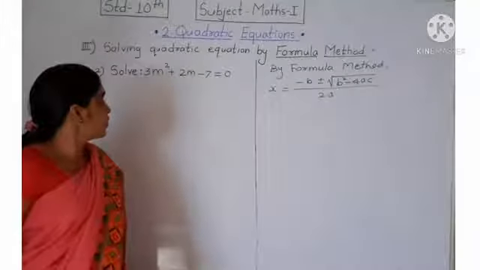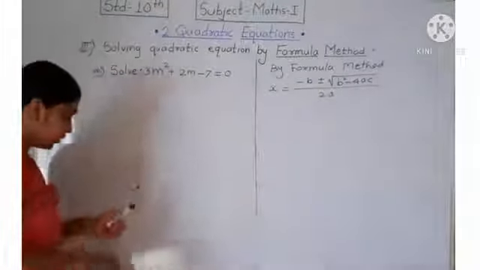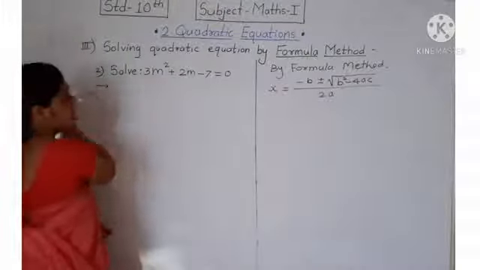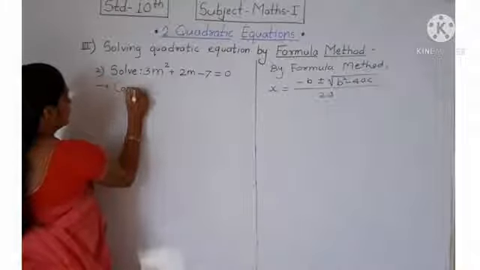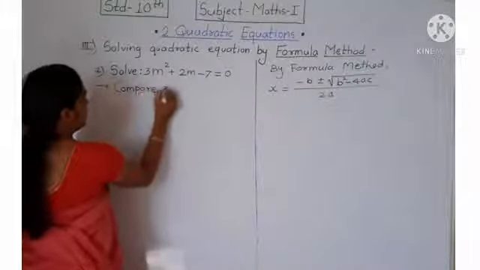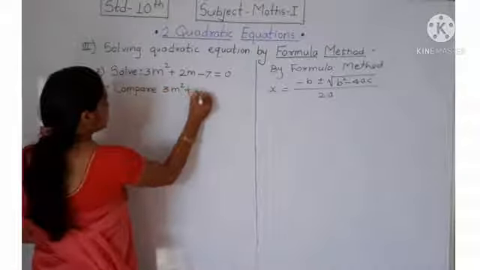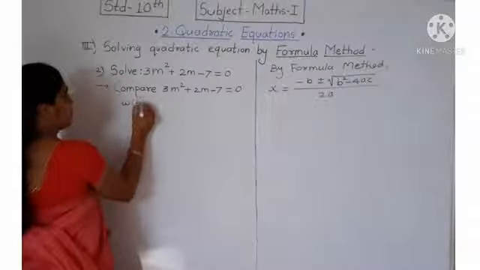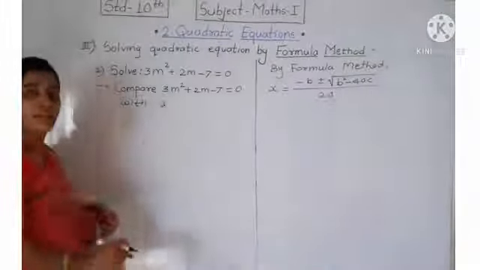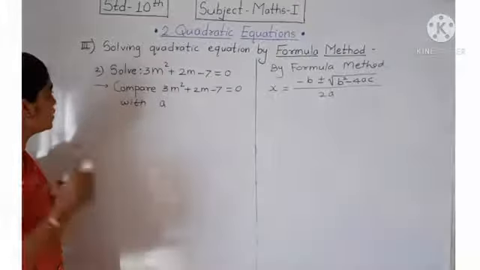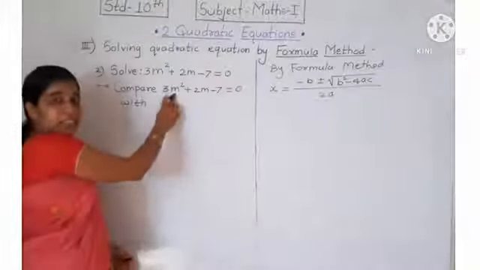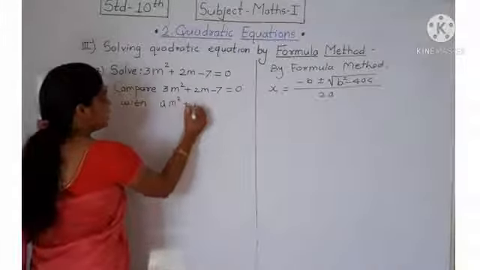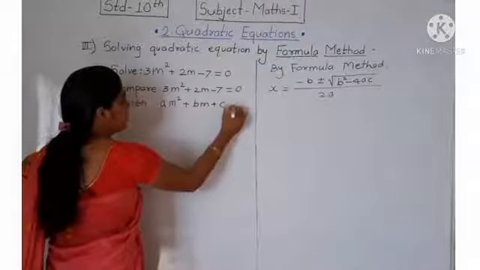Solve 3m square plus 2m minus 7 is equal to 0. See, this is in the standard form, so directly compare 3m square plus 2m minus 7 is equal to 0 with ax square plus bx plus c. Here the variable is m, so we compare with am square plus bm plus c is equal to 0.